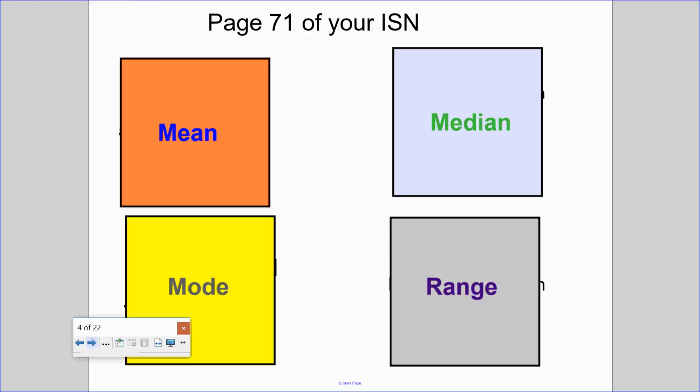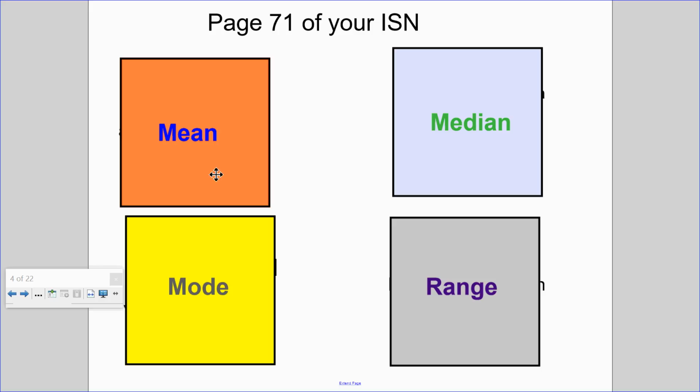So you're going to be given 4 sticky notes. With the 4 sticky notes, you are going to write the mean, median, mode, and range. The key words are on the front of the sticky notes. And then we're going to uncover the definition of each. You will write the definition underneath it.